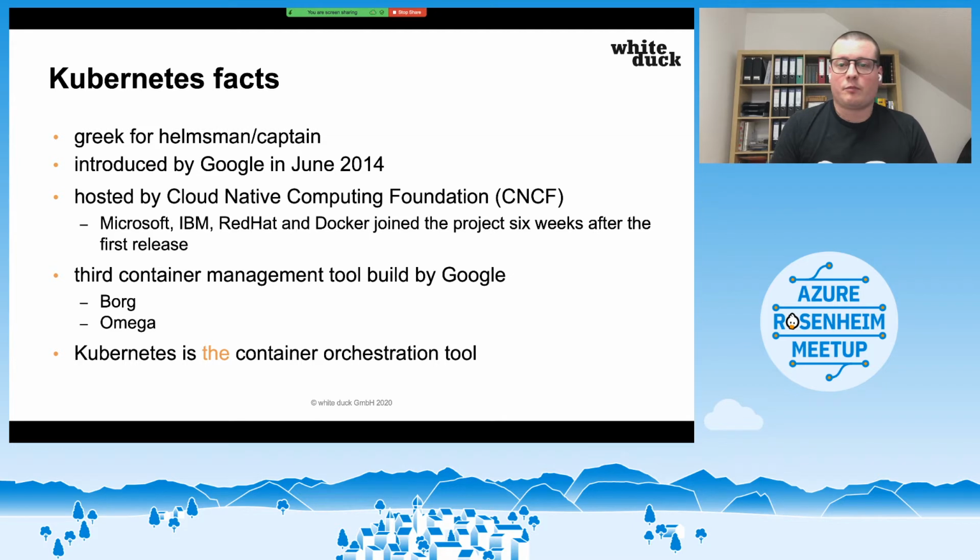And with Kubernetes, Google decided to not only build a tool for Google itself, but also for the world out there. And this is why they open sourced Kubernetes and contributed it to the open source community. And de facto, Kubernetes is the container orchestration tool out there. There are some other ones, but mostly Kubernetes is used at the moment.